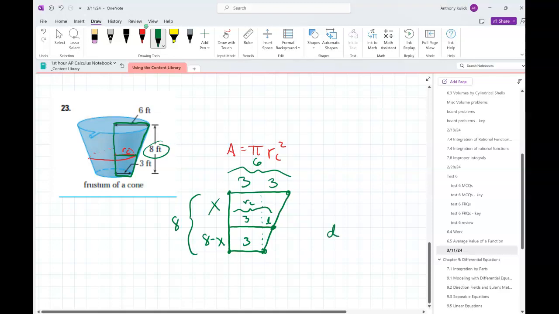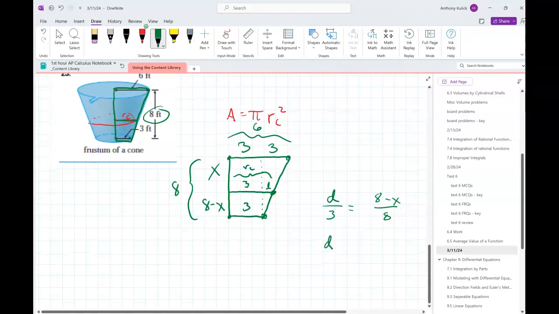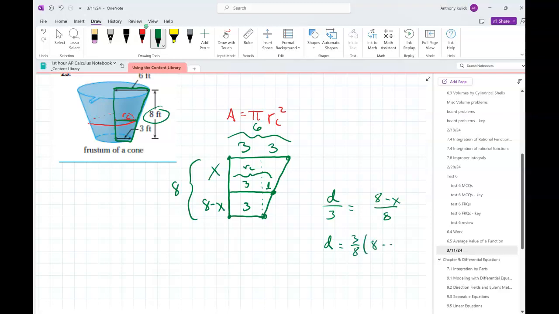So I can say that D over 3 is equal to 8 minus x, that's the height, over 8. If I cross multiply, D is going to be 3/8 of 8 minus x. So RC then is 3 plus 3/8 (8 minus x).